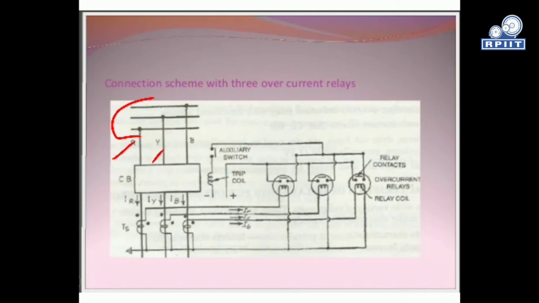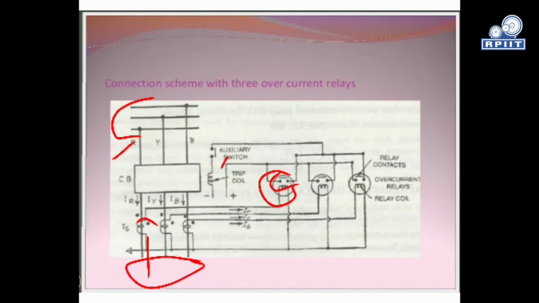Now we will discuss how this configuration actually works. Whenever there is a fault over here or at the consumer end, due to load variation or some transient, suppose the fault occurs at this R line. Due to the short circuit fault, the current will increase in this line. This current will energize the relay coil, and when the relay coil gets energized, it will close the switch and trip the circuit.